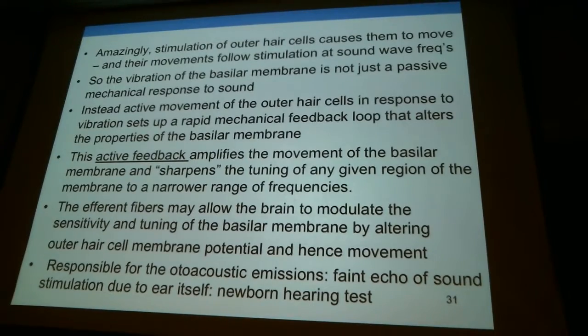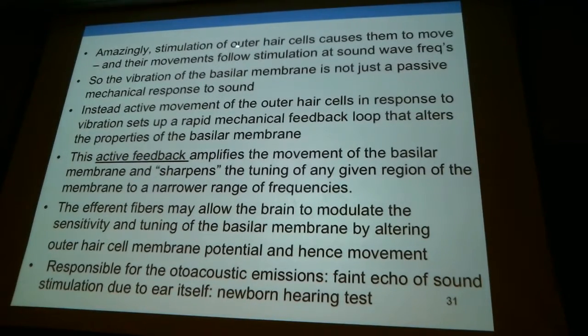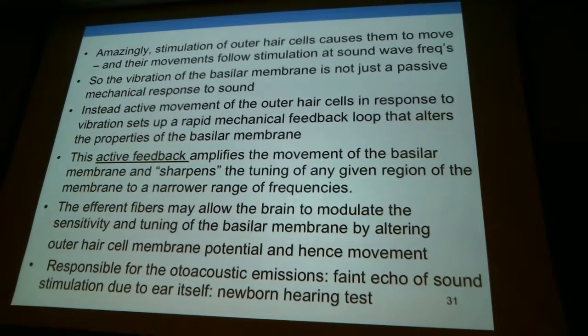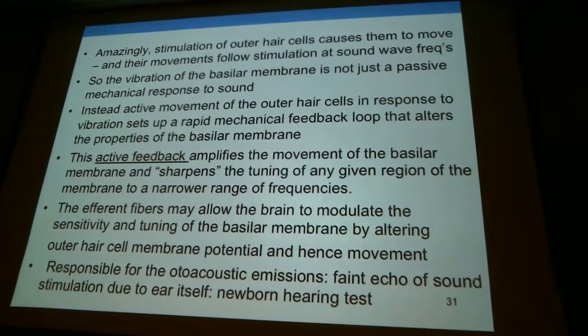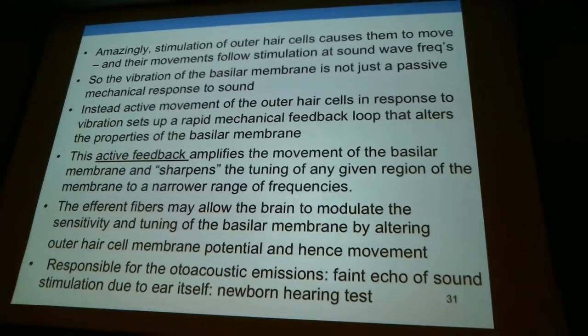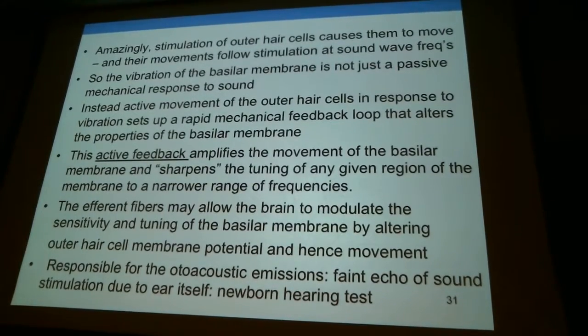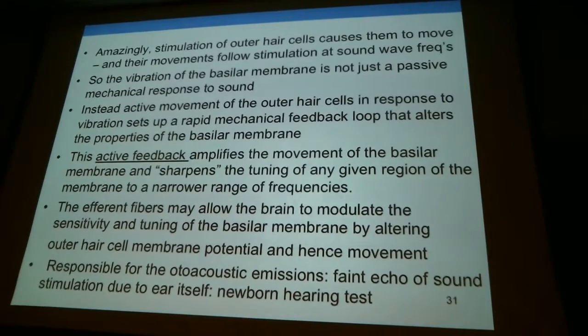Okay. And interestingly, the outer hair cells move. A few slides ago, you probably noticed a lot of actin and myosin. And so it turns out that these cells are fairly motile. When they are stimulated by vibrations, they'll move in response to the vibration. So these hair cells are not just passively listening to these vibrations.